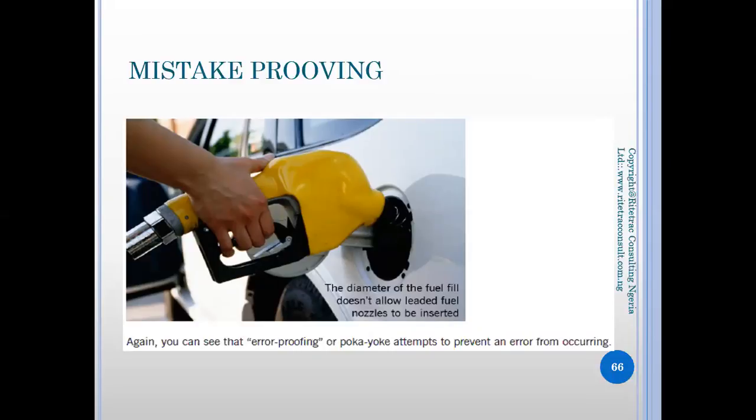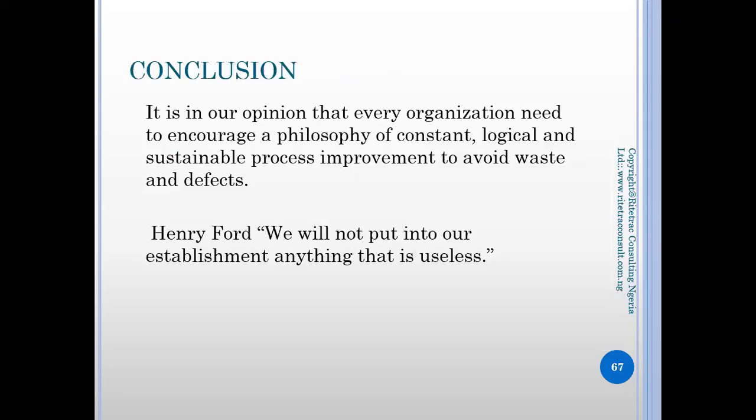But with mistake proofing, that's a poka-yoke that has been implemented. The nozzle for diesel will enter the diesel car. The nozzle for petrol will enter the petrol car. So there won't be any problem. And that's the way we'll try to mistake-proof your processes after process improvement at the end of the day.